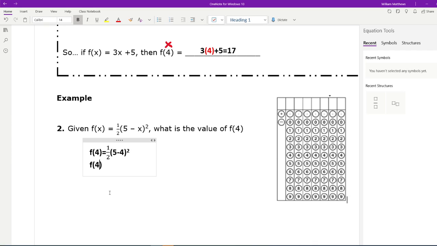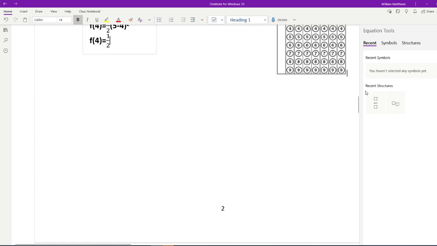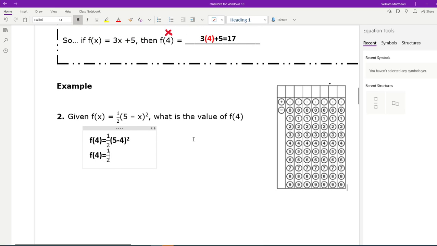Let's plug in my value. F of 4 equals, still have the 1/2. Five minus 4 is 1. It is still squared.